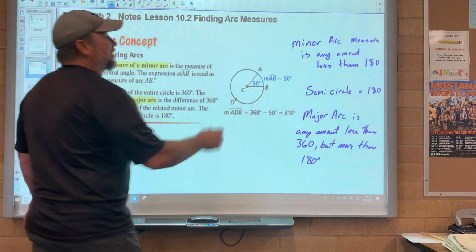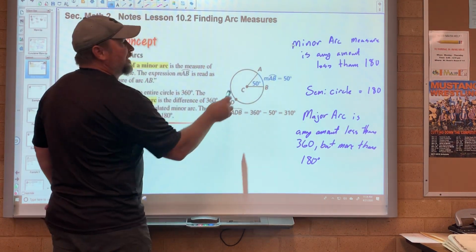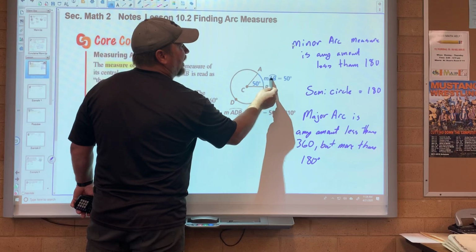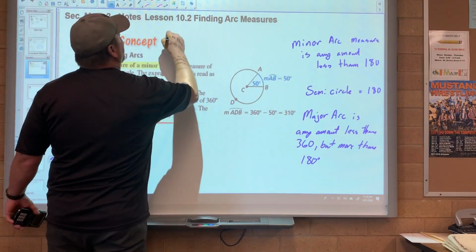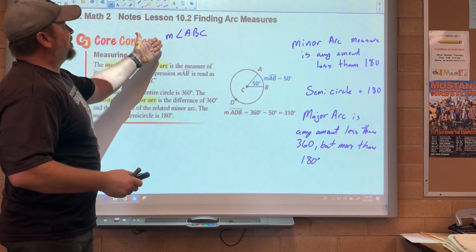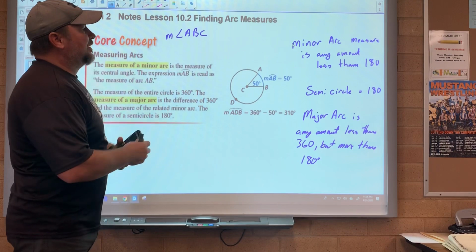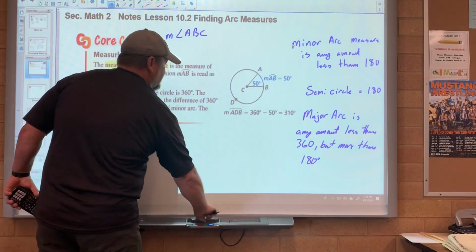Okay? And there can be different arc lengths. But the arc measure, the measure of arc AB, and that's how that's read. Just like, do you guys remember when we learned how to read this? A, B, C. So we're saying measure of angle ABC. Well, then B would be where that vertex is.